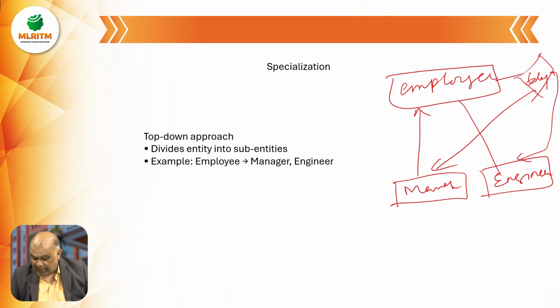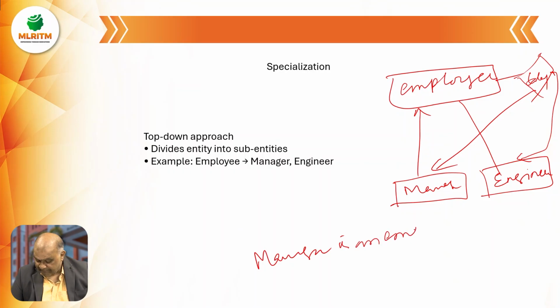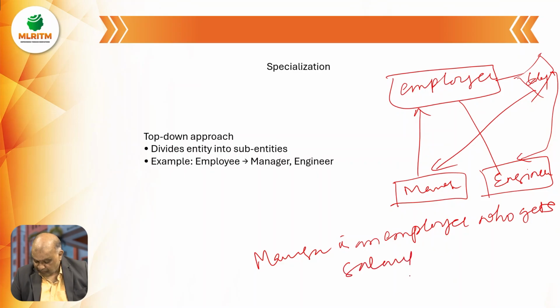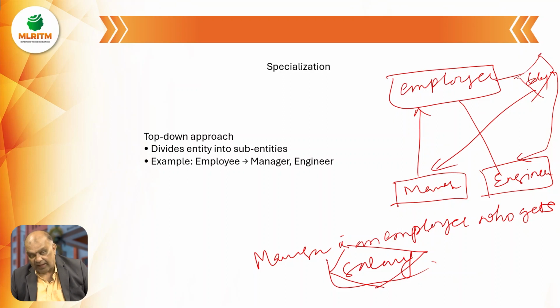So the statement here is: manager is an employee who gets salary. Salary is your relation, so we represent that with a diamond. Engineer is an employee who gets salary. So one entity is extended into sub entities, and in this way we can specify the relation.